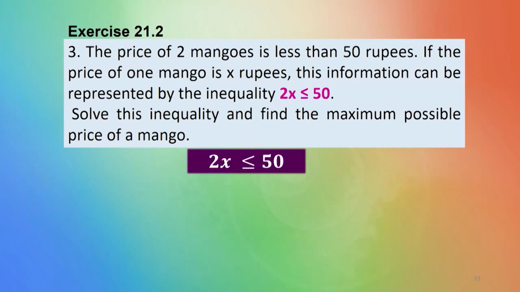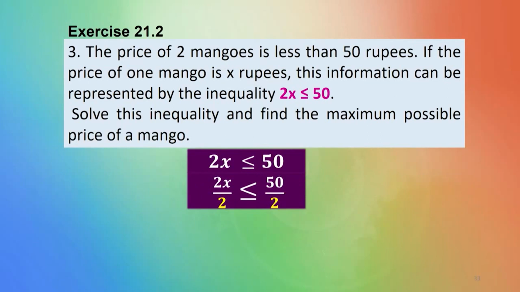Remove this multiplication by 2. That means remove this coefficient of x. Now you can divide by 2. When we divide by 2, it comes to x ≤ 25. This is the solution.